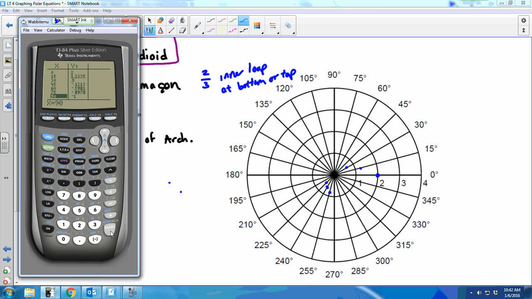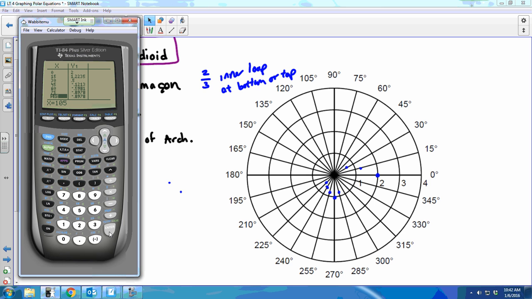At 90, I get negative 1. So at 90, I'm going to go down to 270 to put a point at 1. At 105, I get negative 0.9 again. So that means over here at 285, put a point at 0.9.